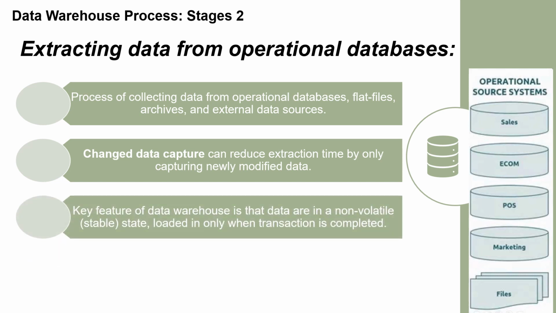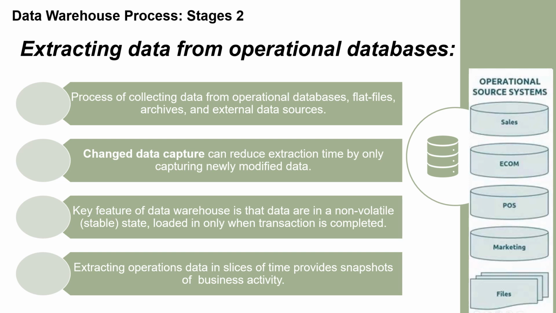Okay, then a key feature of the data warehouse is that data are in a non-volatile or stable state, loaded only when the transaction is completed. So when a transaction is completed, then it will be loaded into the data warehouse.